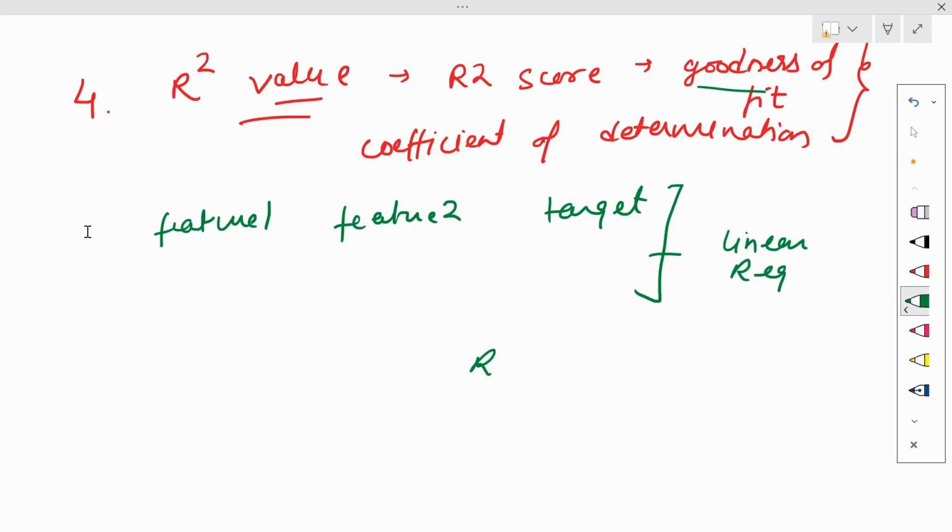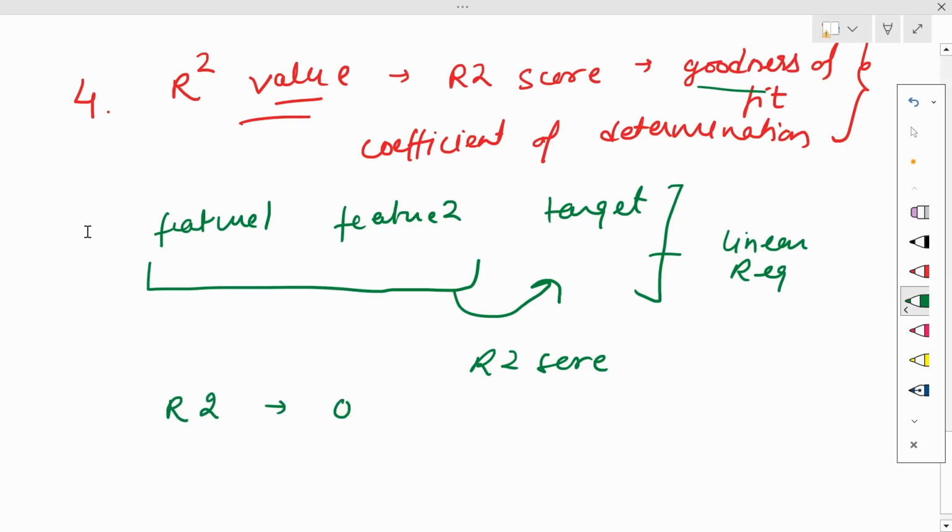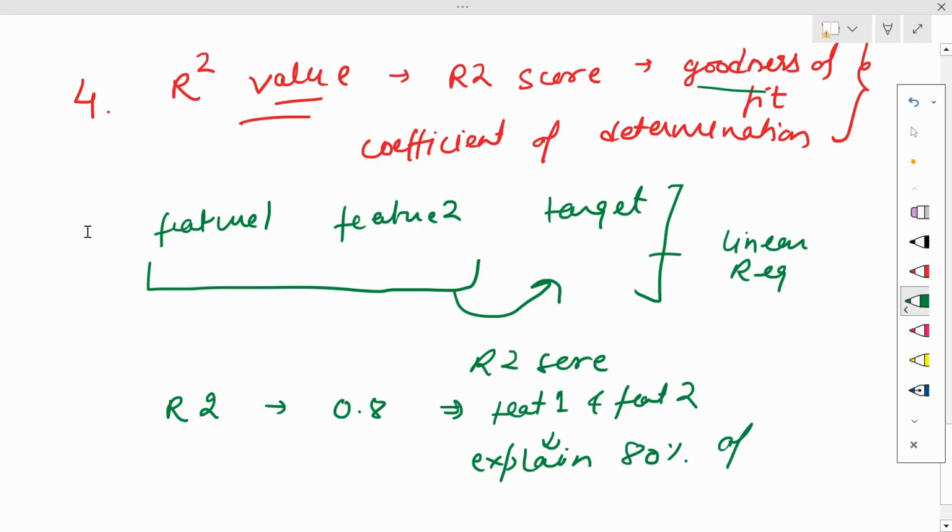Now, our R2 score will tell us how well these two features are able to explain the target variable. So, if we say that our R2 score value is 0.8, then we can say that feature 1 and feature 2 are able to explain 80% of target values.